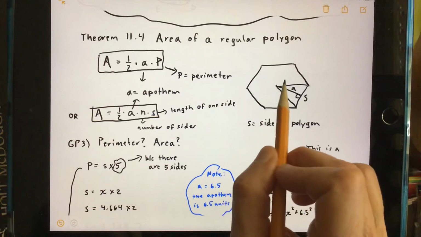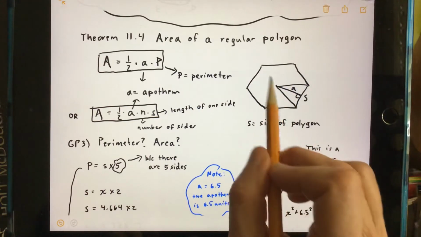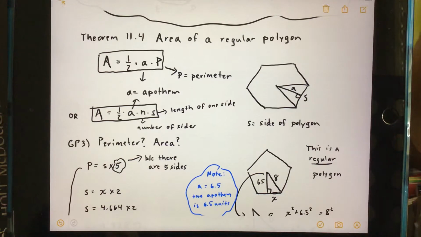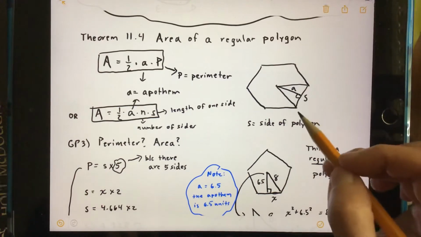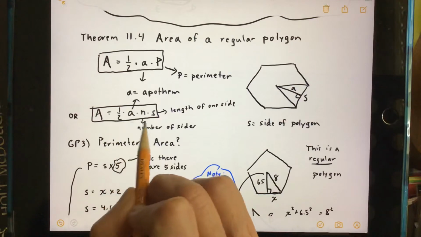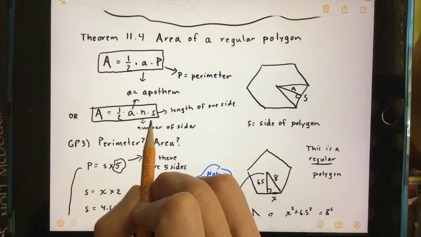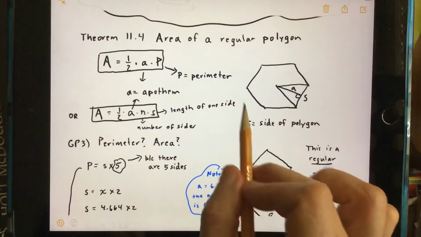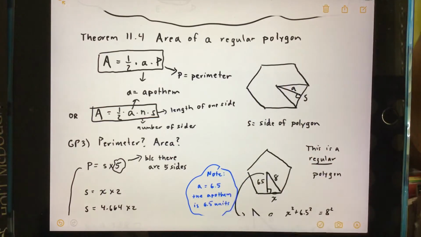So we could go from center to vertex, center to vertex, center to vertex, center to vertex, and we would have 6 identical triangles. And each one of those triangles would have an area of 1/2 base times height, the base being S, the height being A. So 1/2 times A times S, that's the area of one of the triangles. Well, there are 6 triangles, which matches the number of sides. So one of the triangles 6 times will give us the area of this entire hexagon.